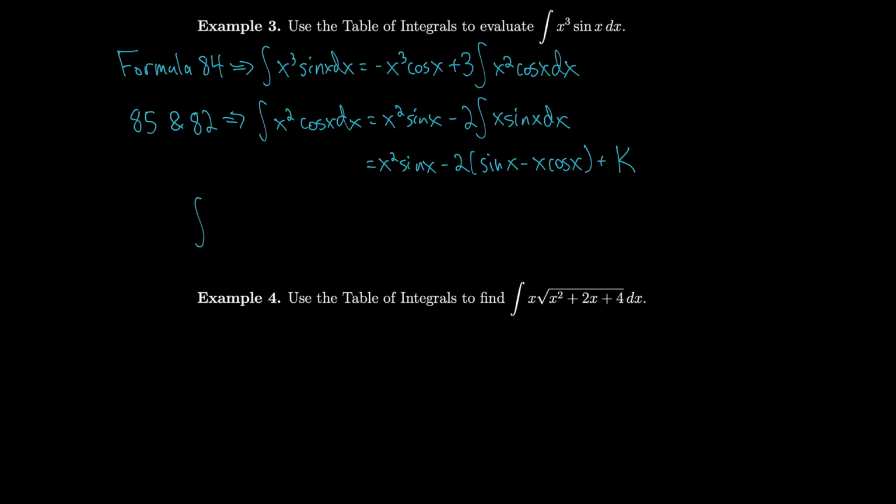So we get that the integral of x cubed sine x dx is equal to minus x cubed cosine x plus 3x squared sine x plus 6x cosine x minus 6 sine x plus c, where c is 3 times our constant k.